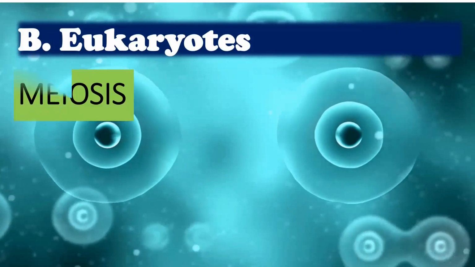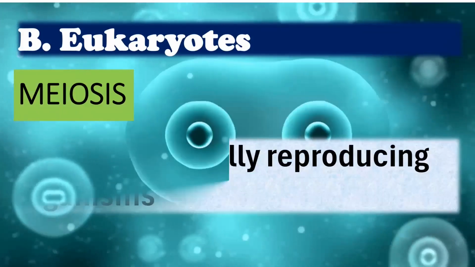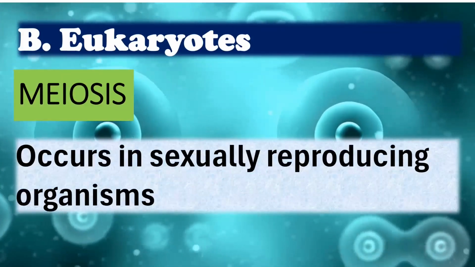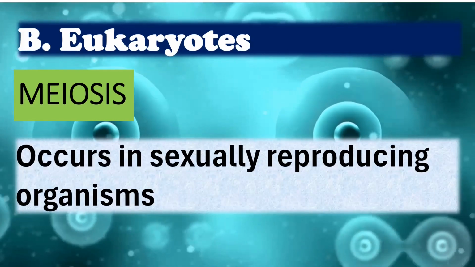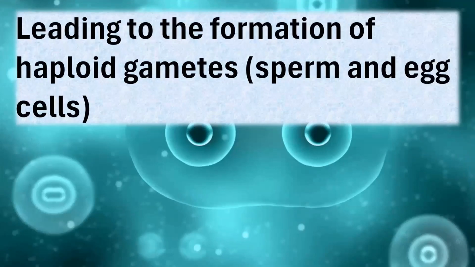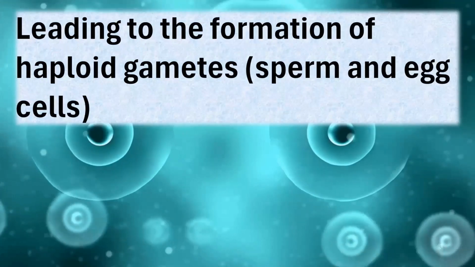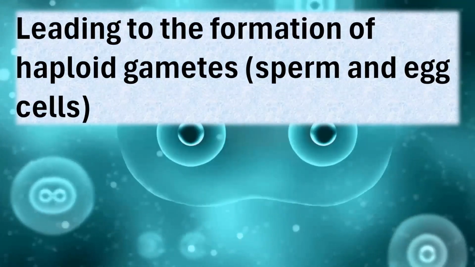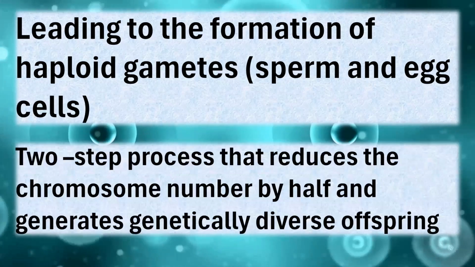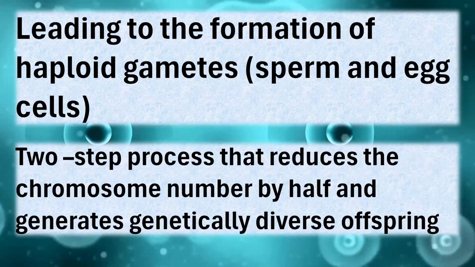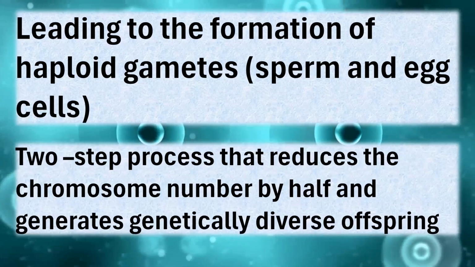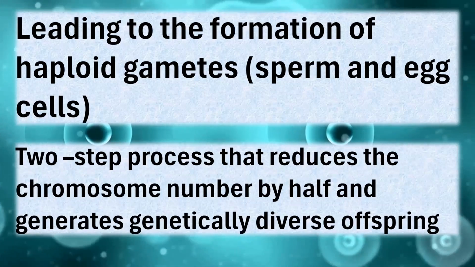Another thing is meiosis, and that occurs in sexually reproducing organisms. It will lead to the formation of haploid gametes, the sperm and the egg cells. We call them gametes. And it is a two-step process that reduces the chromosome number by half and generates genetically diverse offspring.